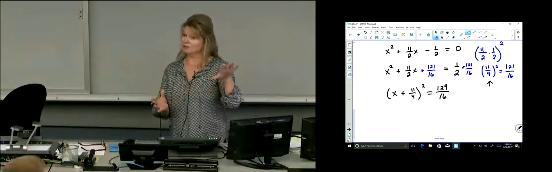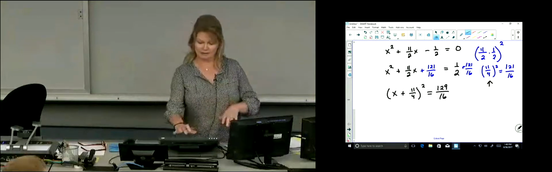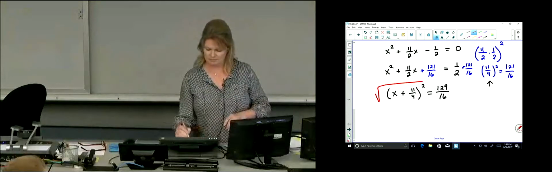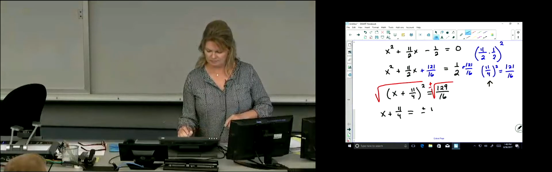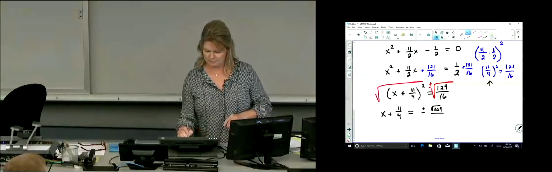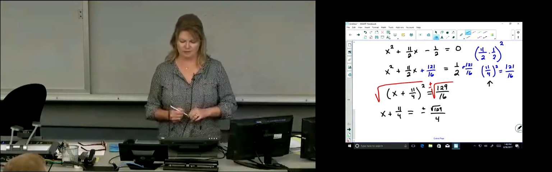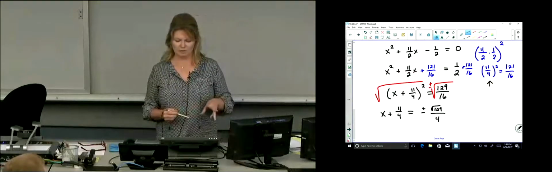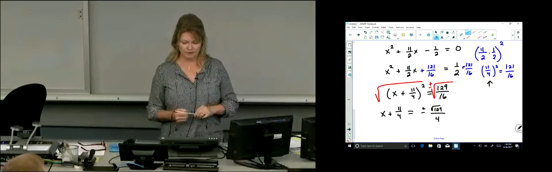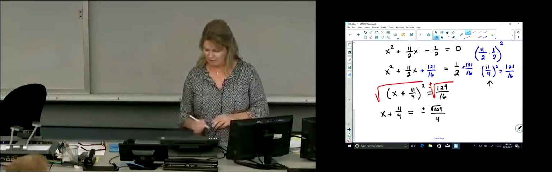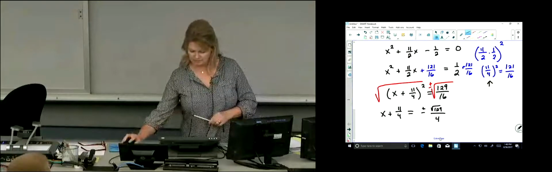So I take the square root of both sides. So I would be able to write that as the square root of 129 over 4, because the square root of 16 is 4. And then you just subtract 11/4 from both sides.